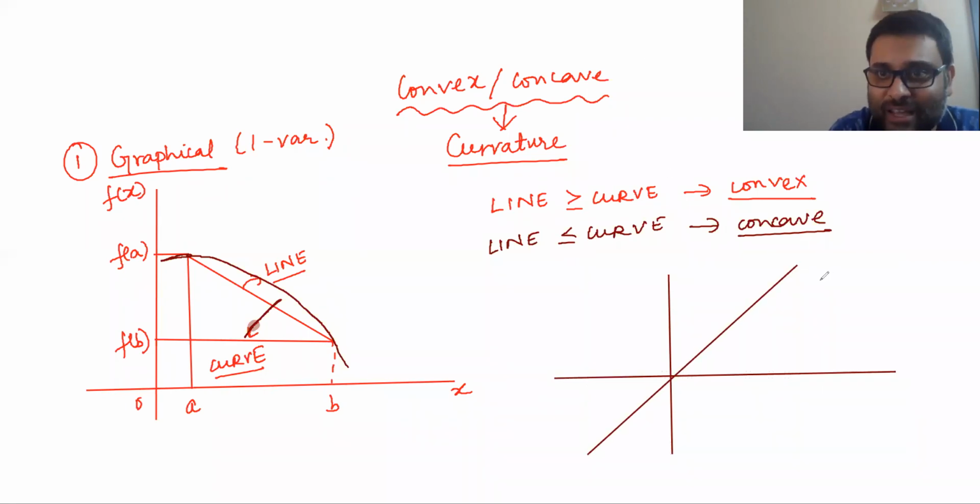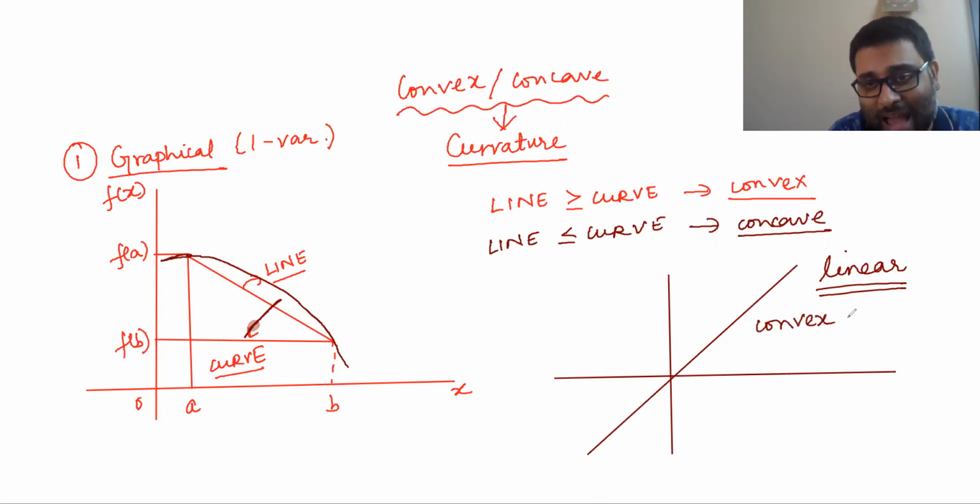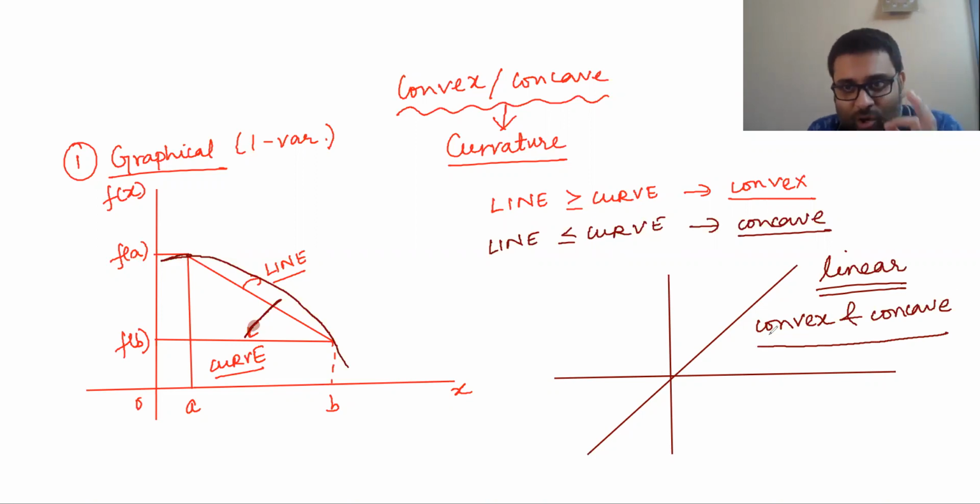That is, if I have a linear case, then the line is equal to the curve. Then the function is convex and concave simultaneously. So I saw that a function can be convex, can be concave. It can be neither convex nor concave. It can be convex and concave simultaneously at the same time also.